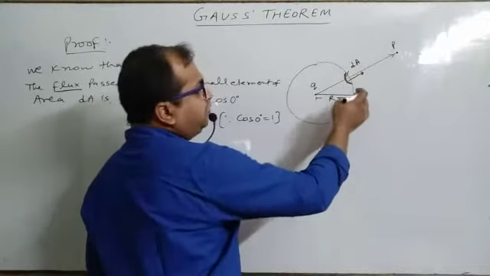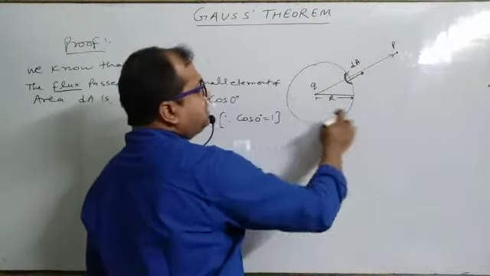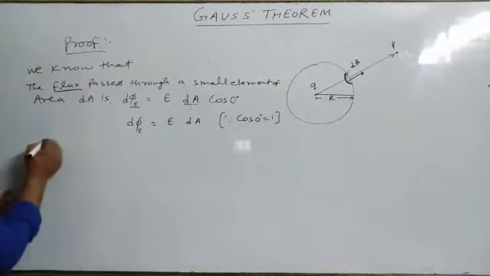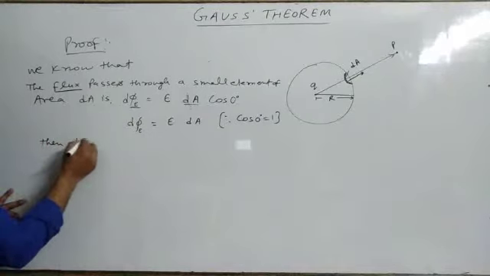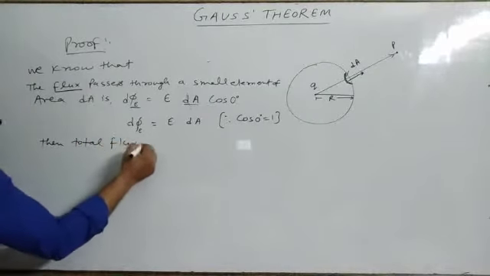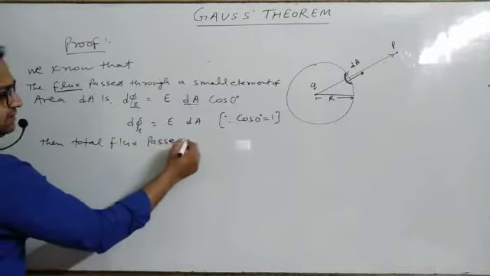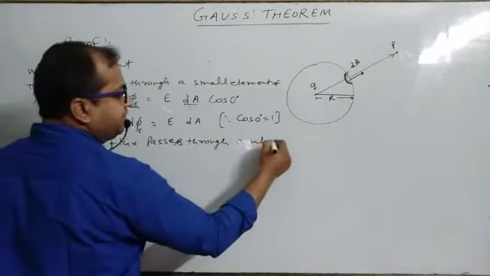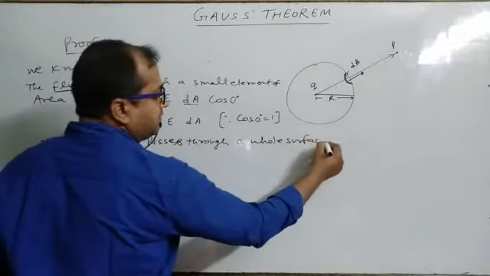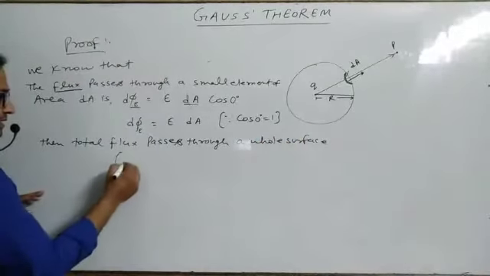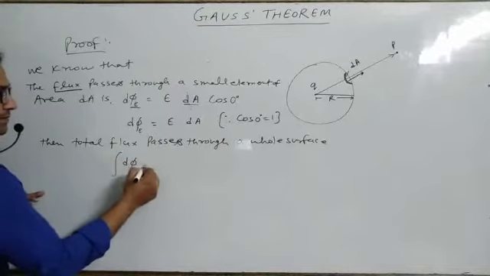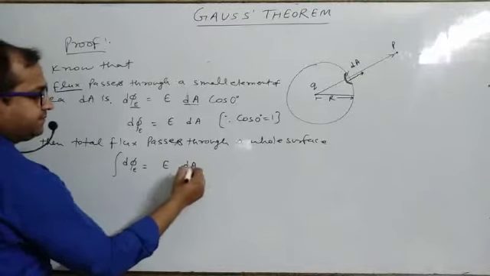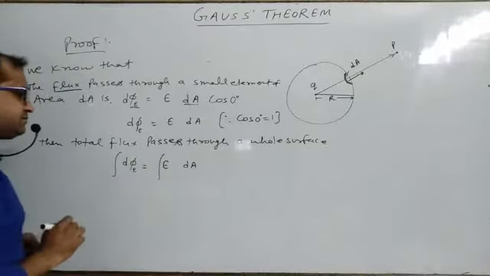If we want the electric flux through the whole surface, that means integration. The total flux that passes through the whole surface, then integral of d phi E equals E integral dA.